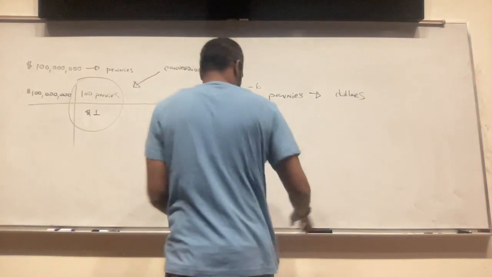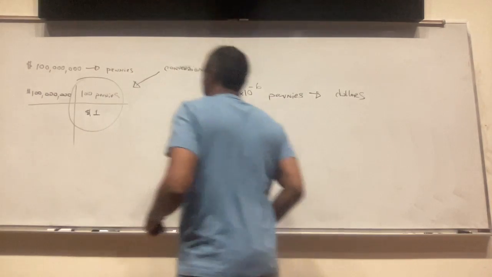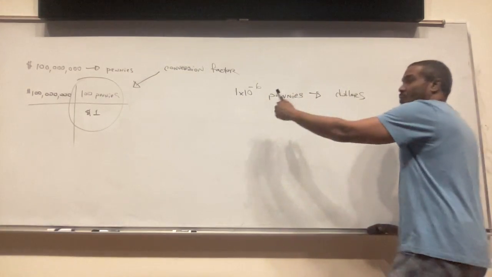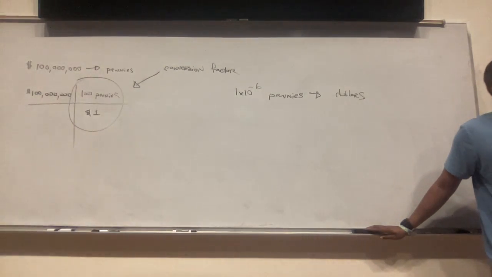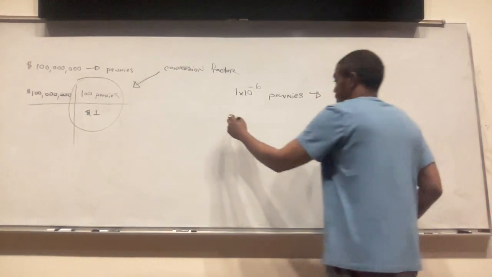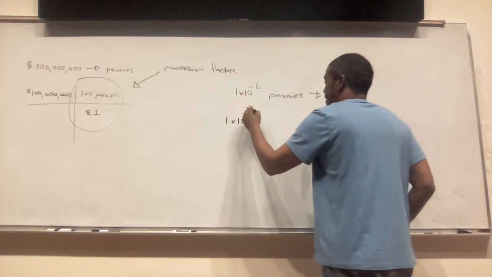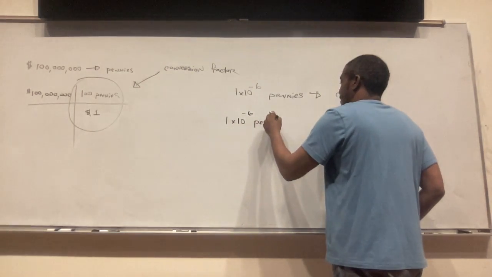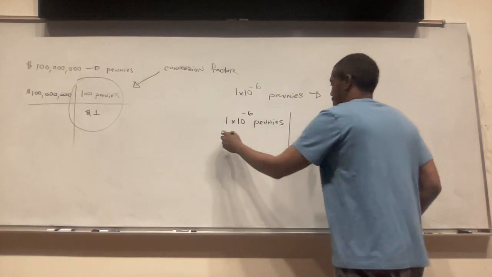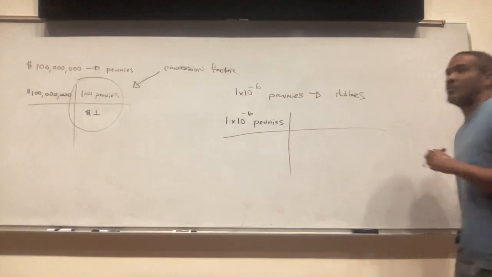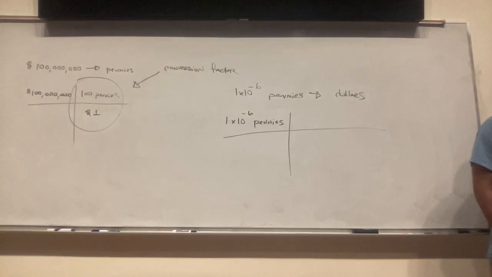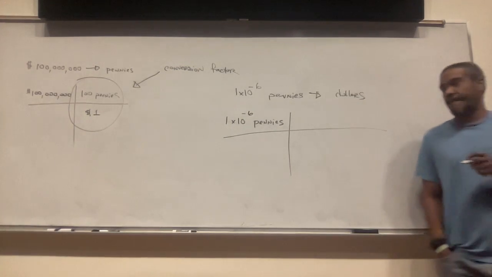Then it's the same setup. Only I start with what? What do I write before pennies? 1 times 10 to the minus 6 pennies. And then I use my conversion factor. Now, which one is on top and which one is on bottom? The pennies on the bottom and the dollars on the top.